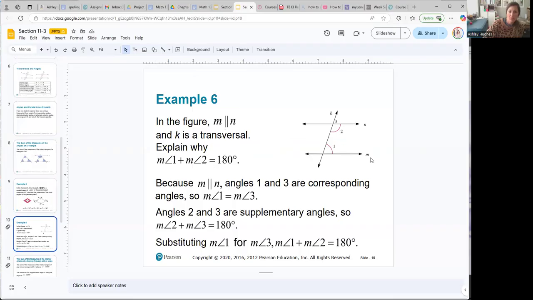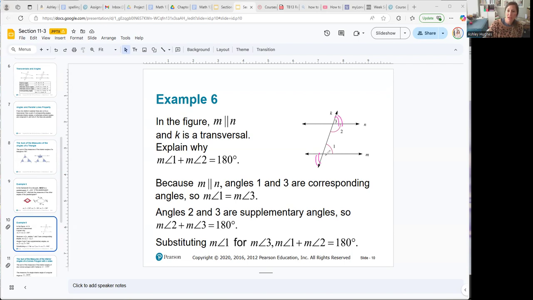Explain why angle 1 plus angle 2 equals 180. So this is kind of what I just mentioned. I know that angle 3 is going to be equivalent to this alternate exterior angle, which is a vertical angle from angle 1.